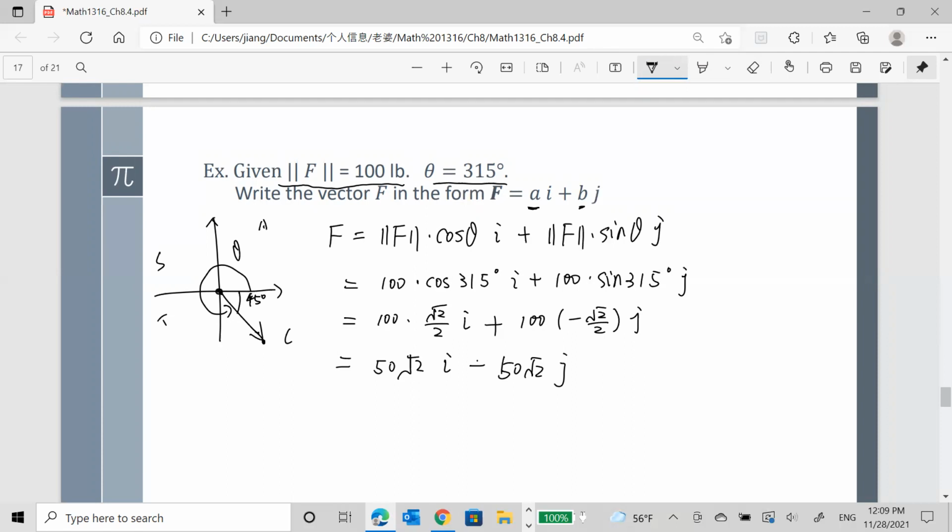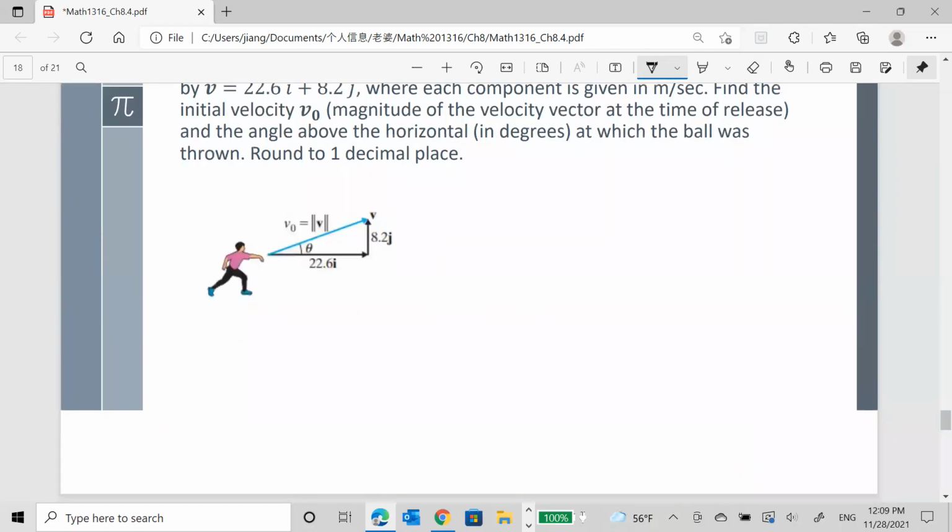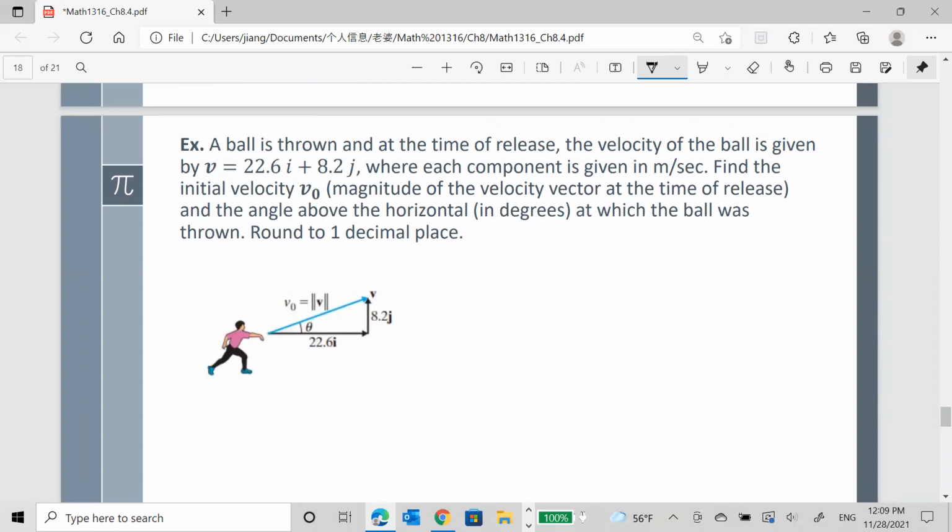Okay, let's move on to see the next example. A ball is thrown. At the time of release, the velocity of the ball is given by this. It gives you the form of v in terms of i and j, where each component is given in meters per second.